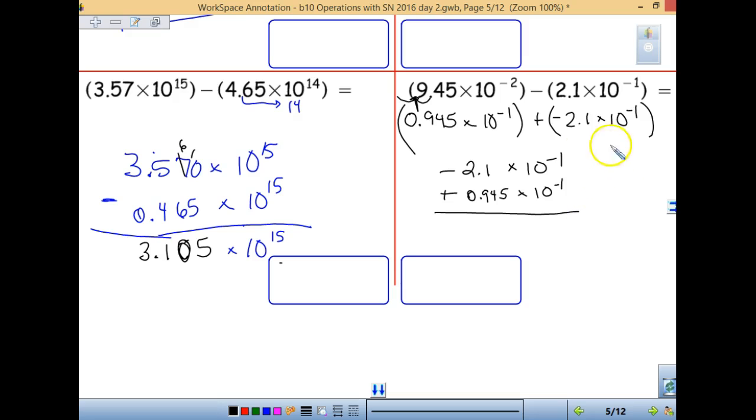And I really want you to think about what these two numbers look like, right? This first one, if I was going to write this as a decimal, looks like 0.0945.